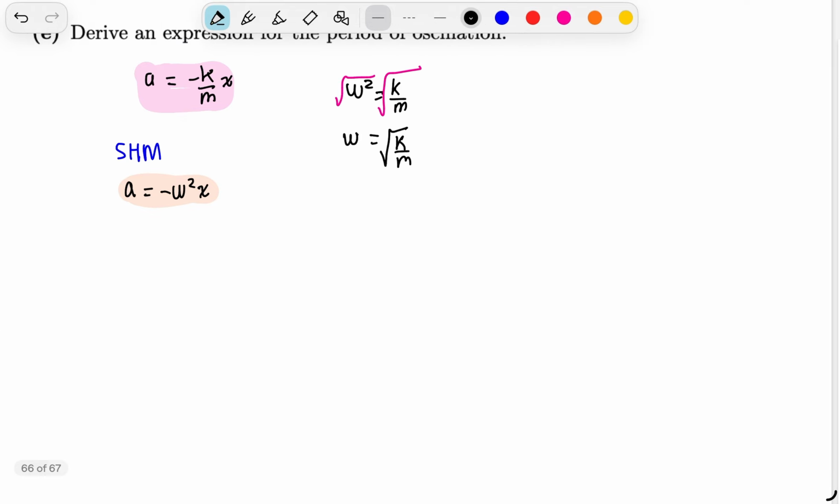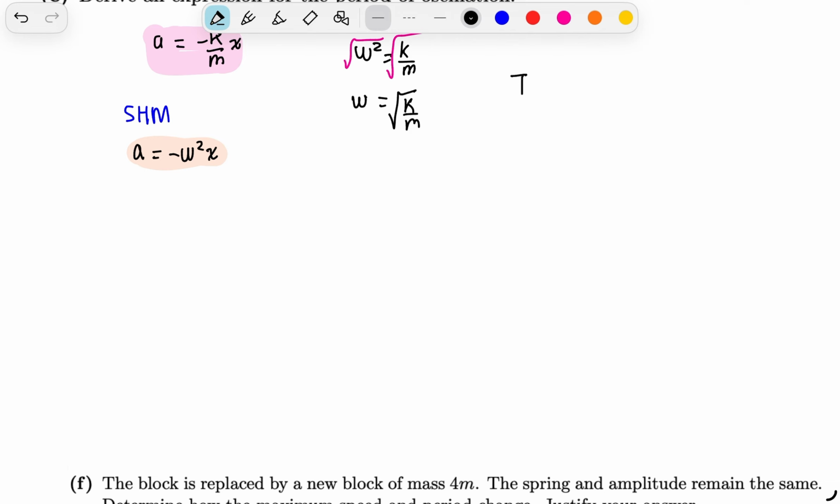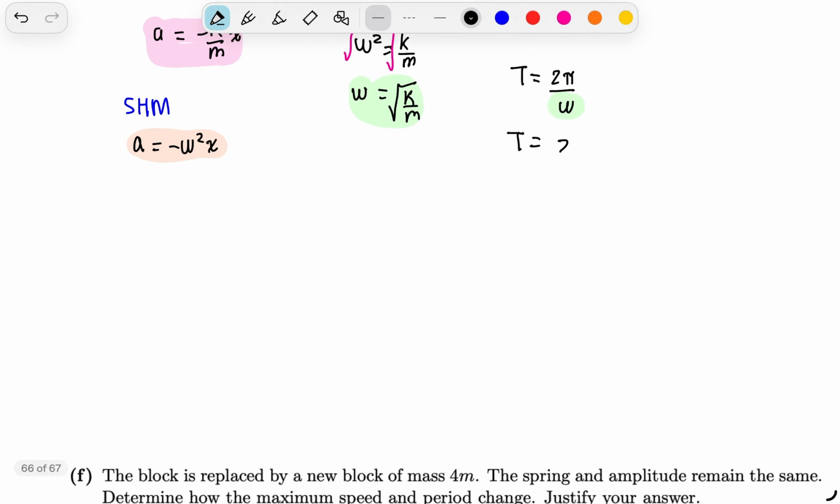We also know that period is related to angular frequency. Period is equal to 2 pi divided by your angular velocity. So you can plug in your angular velocity here, and this becomes 2 pi divided by the root of k over m. It simplifies to 2 pi times the root of m over k, since you flip the fraction when moving it to the numerator.